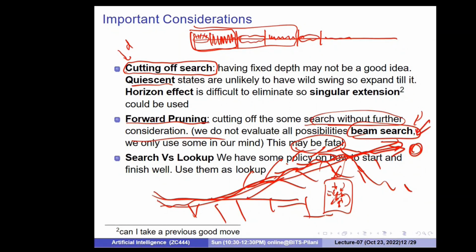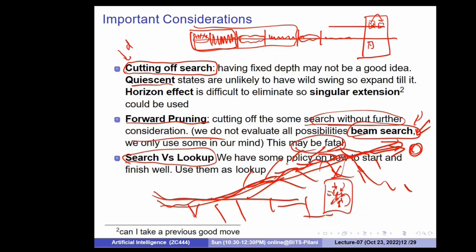Okay. Another idea is search versus lookup, and this is also a very important thing. You know that in the game of chess, very big people have played the games. Grandmasters have played the game. So they have also been in this board position scenario. What move did they take?